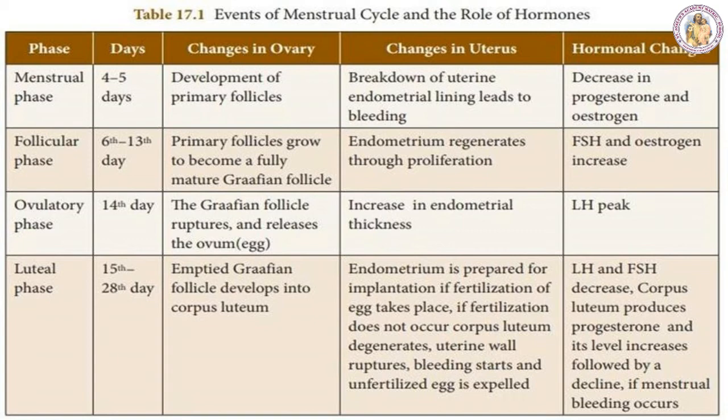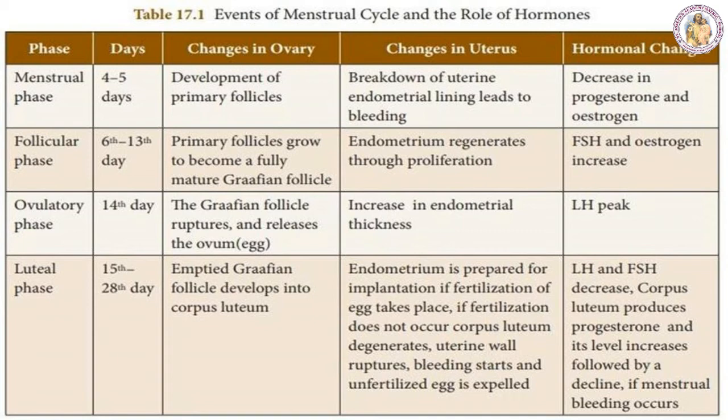In hormonal changes, there is a decrease in progesterone and estrogen. Follicular phase, that is 6th to 17th day. Primary follicles grow to become a fully matured Graafian follicle. Changes in uterus, the endometrium regenerates through proliferation. Hormonal changes, FSH and estrogen increase.